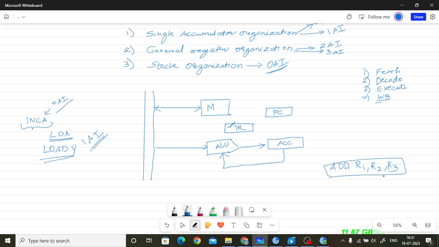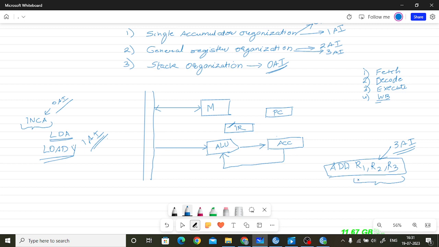This is an instruction which has 3 addresses, so it is a 3 address instruction, and our single accumulator organization is not capable of executing this type of instruction. Why not? Because we do not have the general purpose registers R1, R2 and R3.